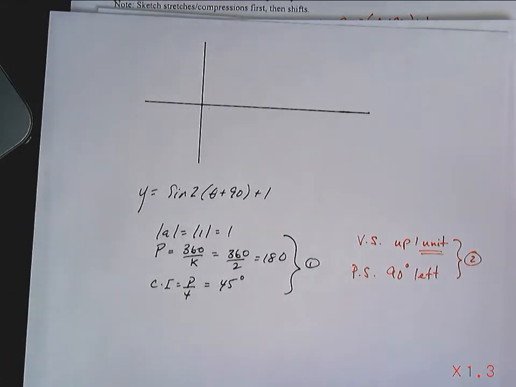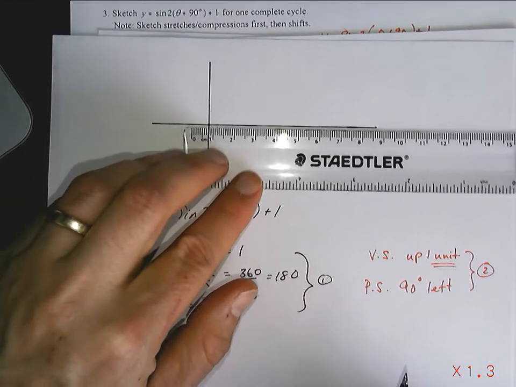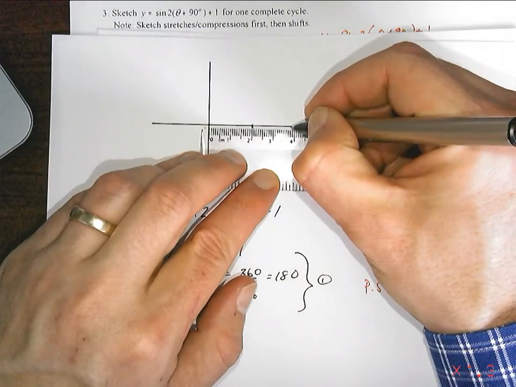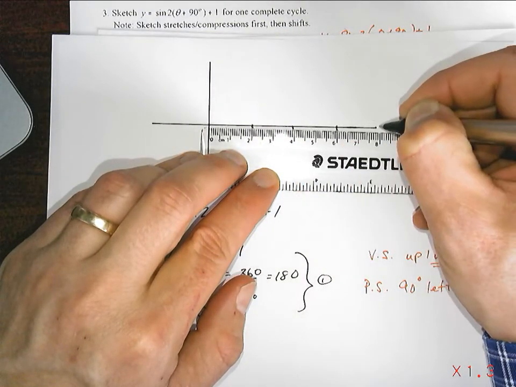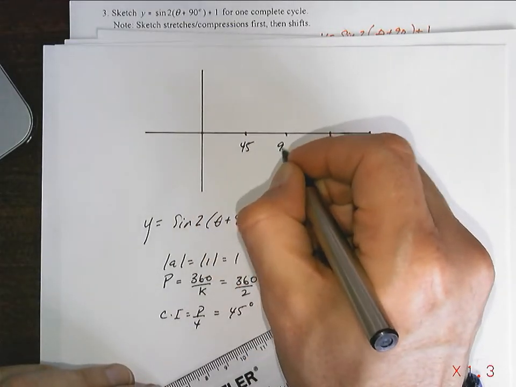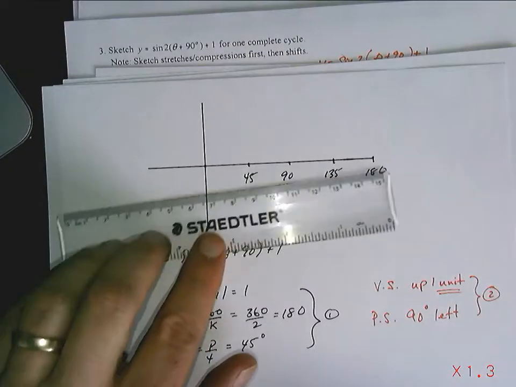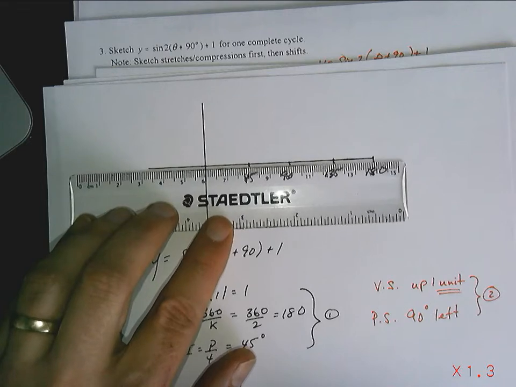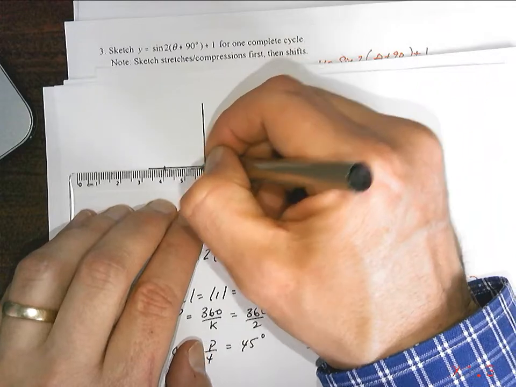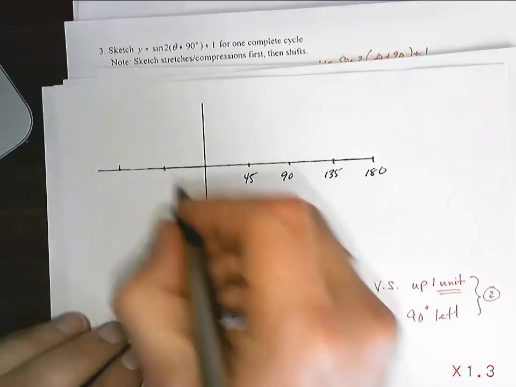Now, it said for one complete cycle. So I'm going to do a cycle here, and I'm going to make that 45, 90, 135, 180. I notice that I also need to go in this direction because there's movement to the left. So that'll be negative 45, have to extend, negative 90.